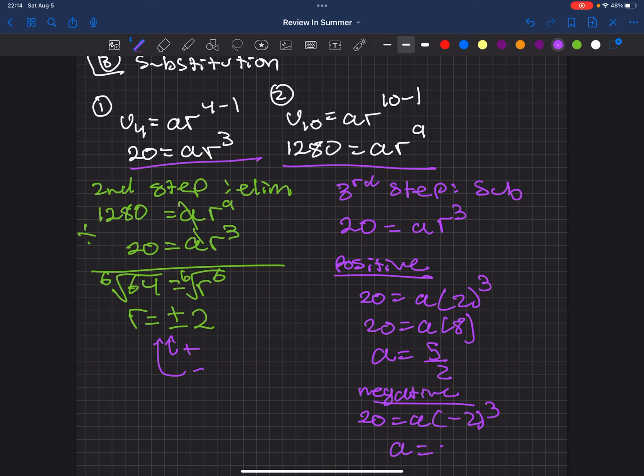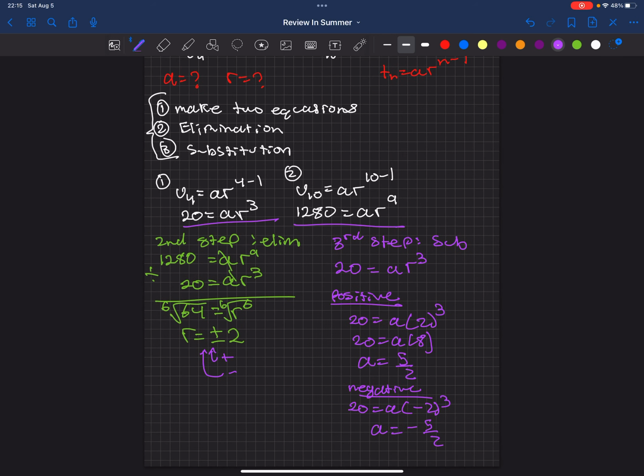Then a is just going to equal negative 5 over 2. So that's how you find a and r. So let's write our therefore statement. Therefore, a is equal to positive or negative 5 over 2, and then r is equal to positive or negative 2.